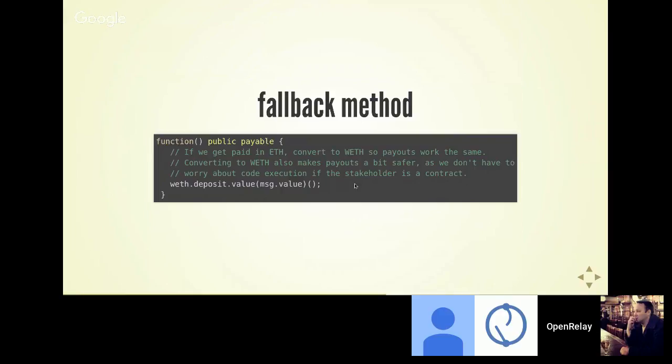There's also some security parameters dealing with reentrancy and some other stuff that make it easier if we know we're always paying out an ERC20 token and that none of the people that we're paying out to are contracts that are going to have their own fallback method, which may cause problems as we try to send them Ether. So just sending tokens should always work. And so keeping track of any Ether we get paid as wrapped Ether tokens makes things a little bit simpler.